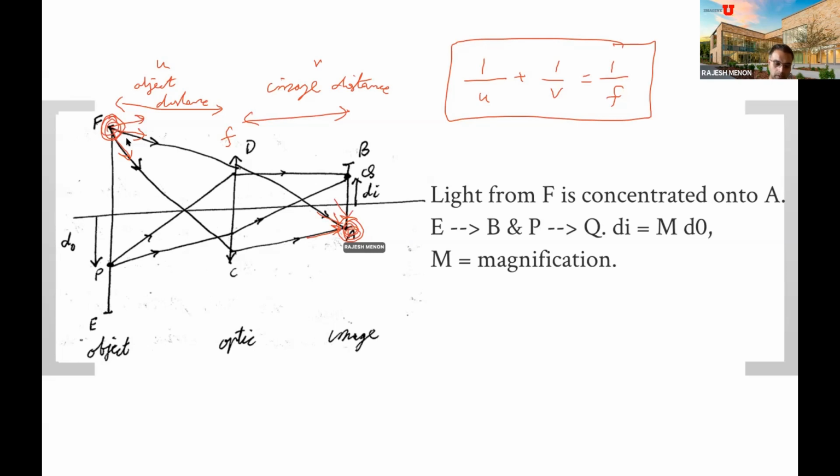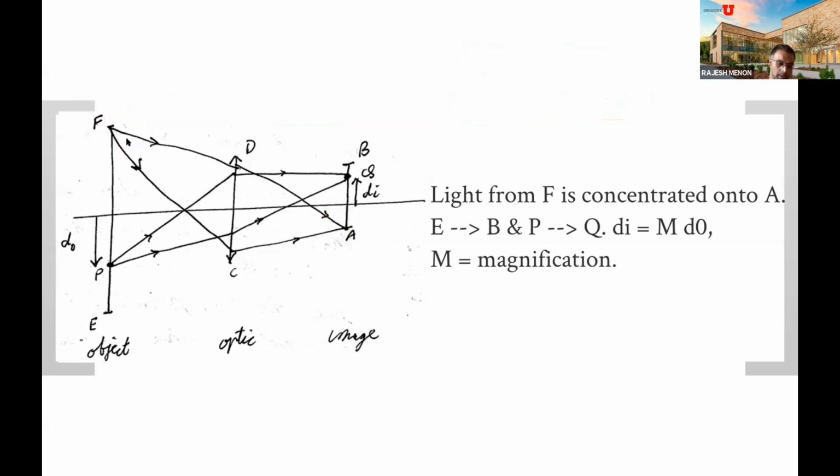Okay, so that's obvious. And the same thing happens here. Energy from P gets concentrated to some point Q here. Now, of course, we also know that in imaging systems, because you're forming an actual one-to-one map, there's a magnification factor.